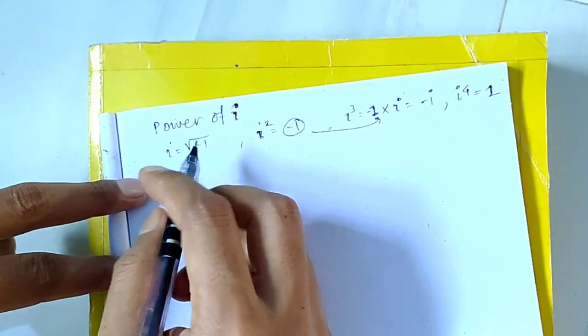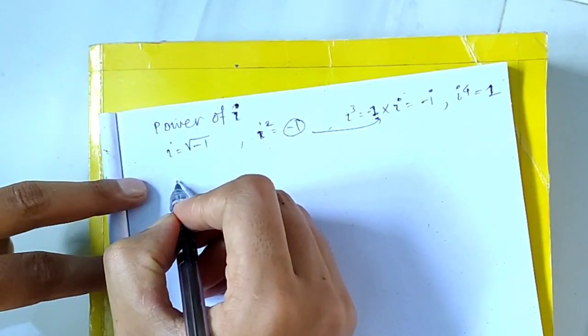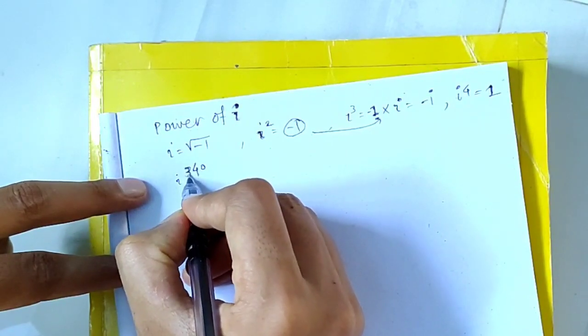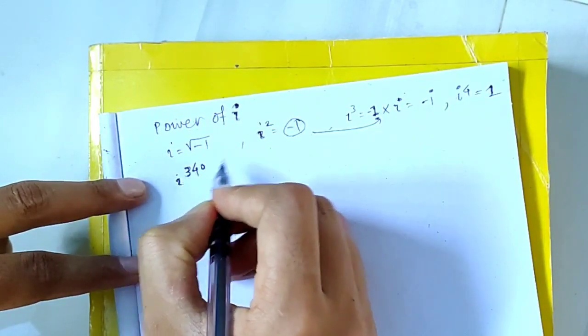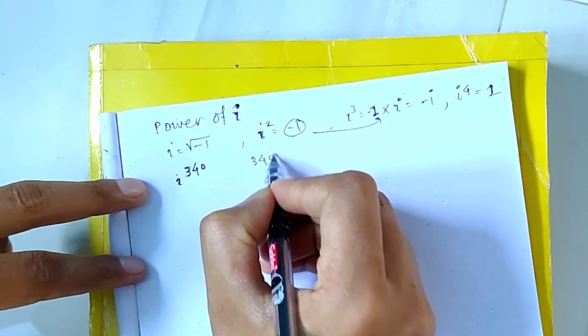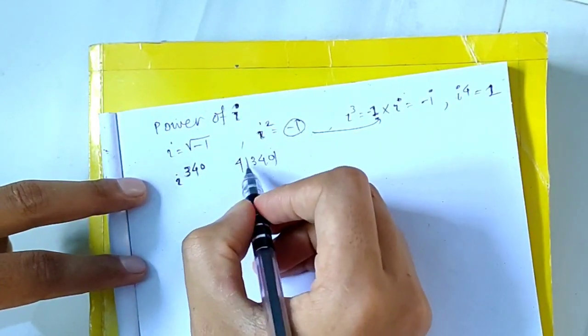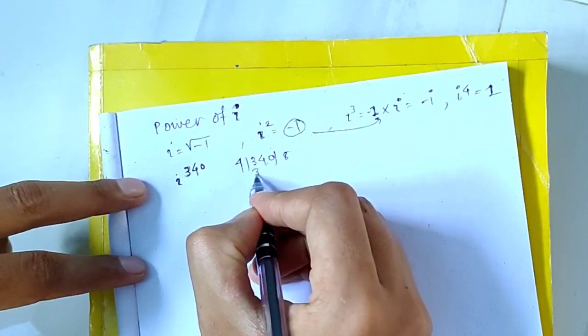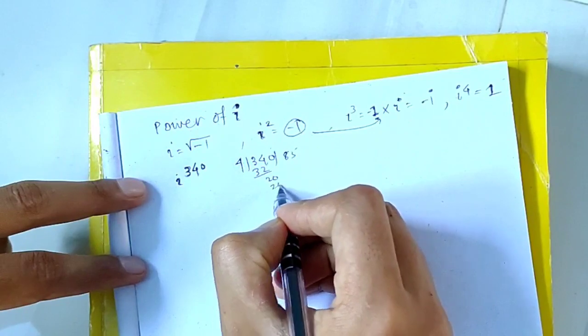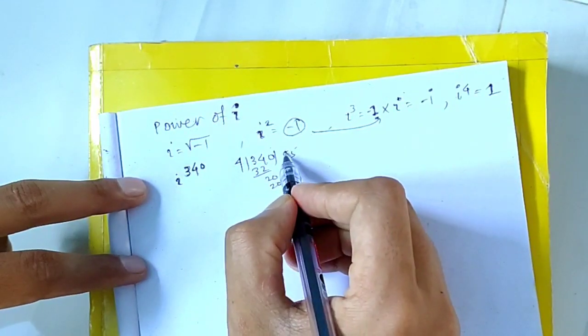So if we have a larger power like iota 344, how do we find this? Just divide by 4. 344 divided by 4 gives 86 with remainder 0.